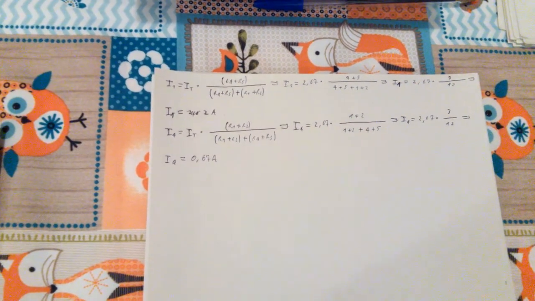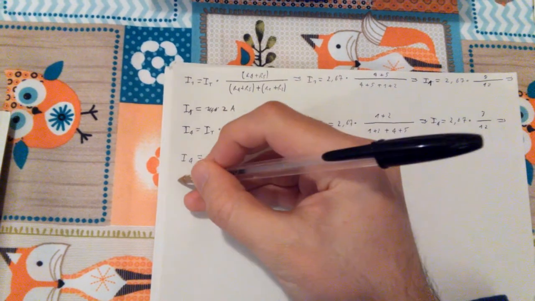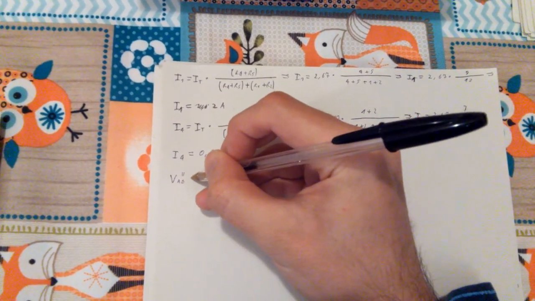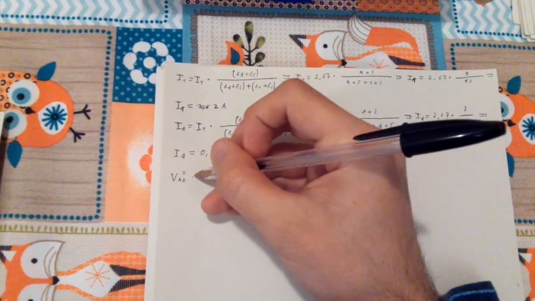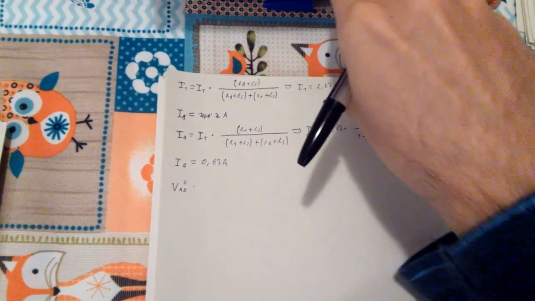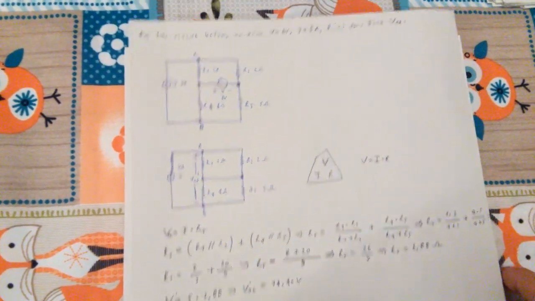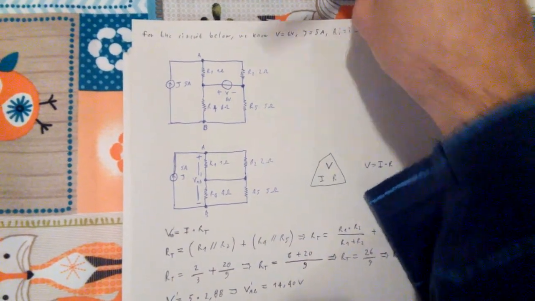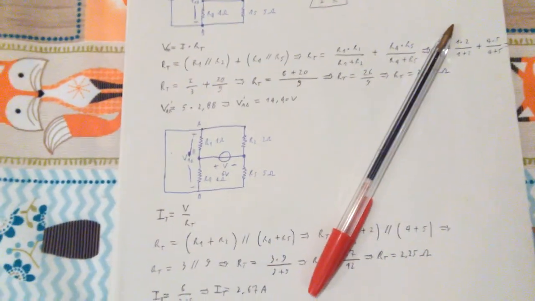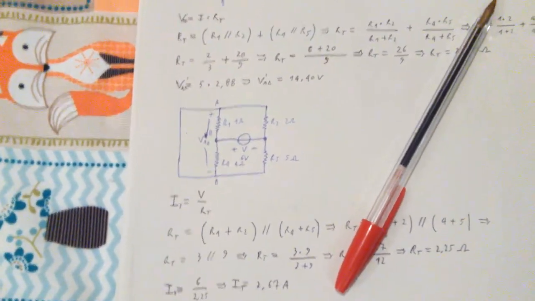So now I can finally find VAB second, because now I know everything. I can do a clever trick, which is not a trick, just applying the rule actually. It's just plainly applying the rule and what we know so far.